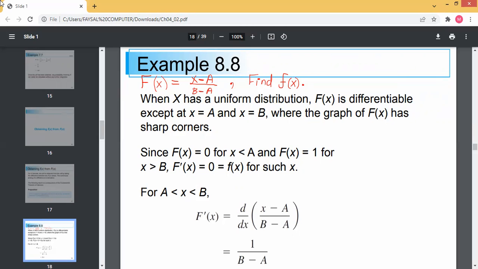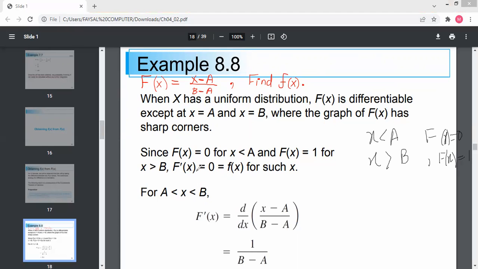Let us say I have 3 points: when x is less than a, my function value f of x equals 0. When x is greater than b, my function value will be equal to 1.